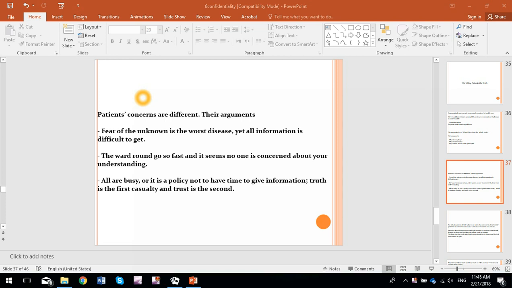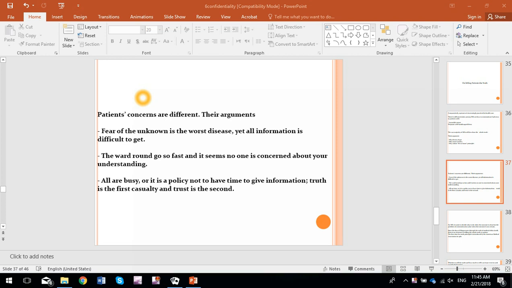The patients say nobody is concerned about our understanding what goes wrong with us. And we look to the healthcare team, and it seems that all are busy, or it is a policy not to have time to give information. They look all busy.